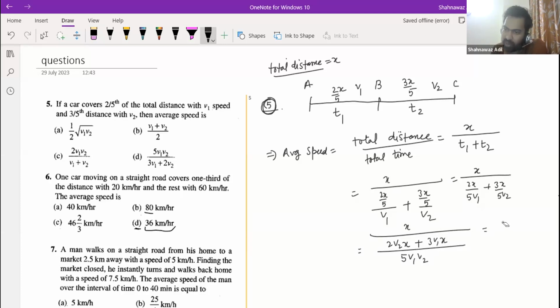So we can take common, right? This 5 v1 v2 will go upstairs. And we can take x common from here. So this is 3 v1 plus 2 v2. So x cancels. Average speed is 5 v1 v2 divided by 3 v1 plus 2 v2.